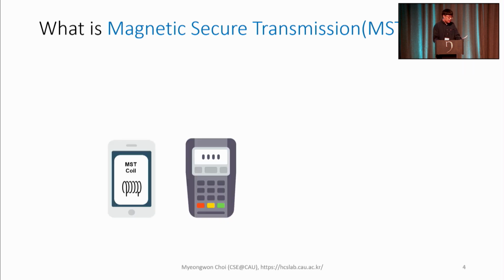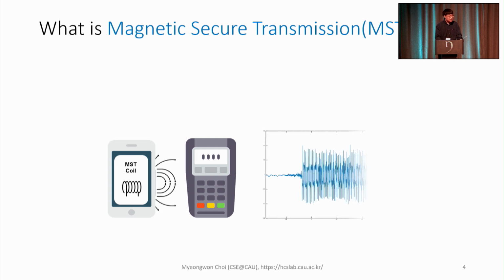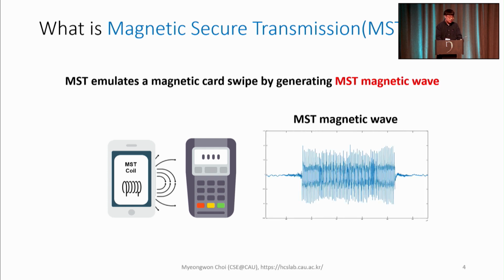So similarly, MST can emulate the swipeable card using a built-in inductor coil called the MST coil. When the MST is activated, it continuously generates an alternating magnetic flux called the MST magnetic wave, in the same form as the wave when you swipe a card on the reader.